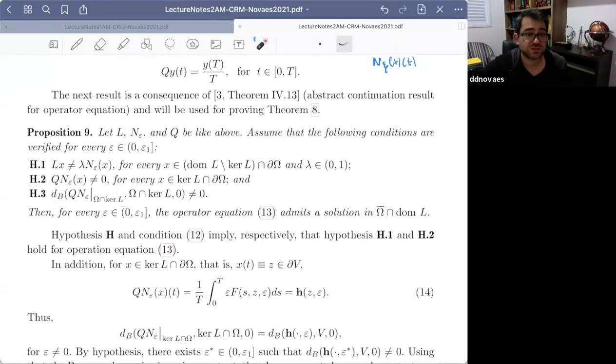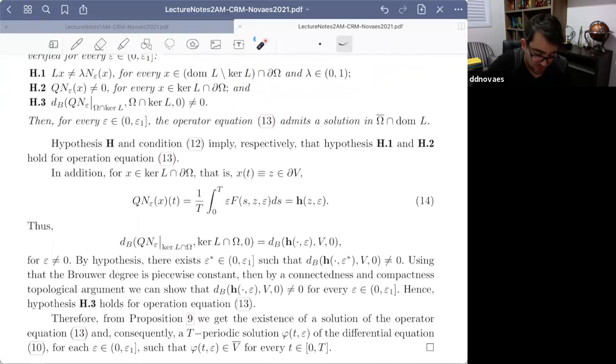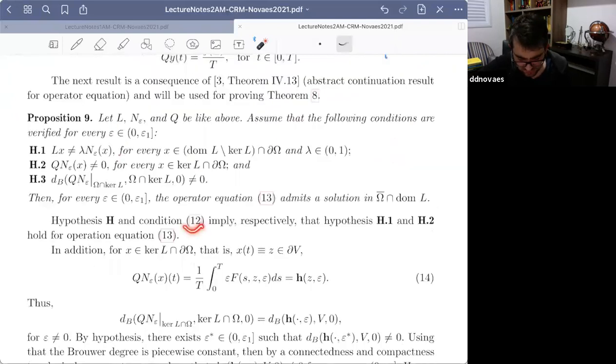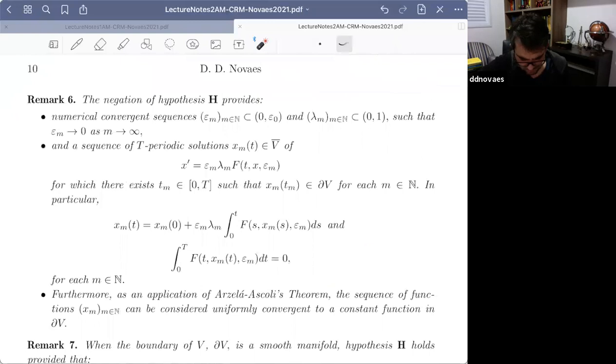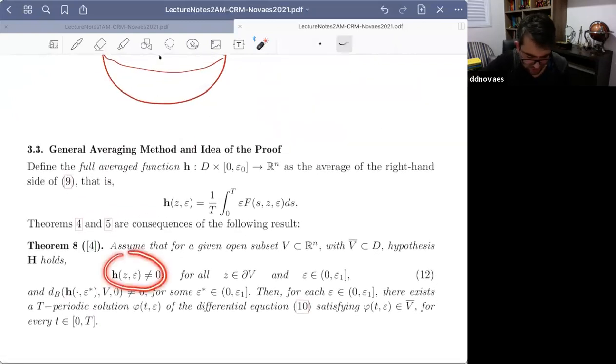So the hypotheses of our general averaging method are stated in order for these hypotheses to be satisfied. So hypothesis H implies hypothesis H1 directly. Condition 12, which is this one, h_z(epsilon) is distinct from 0.